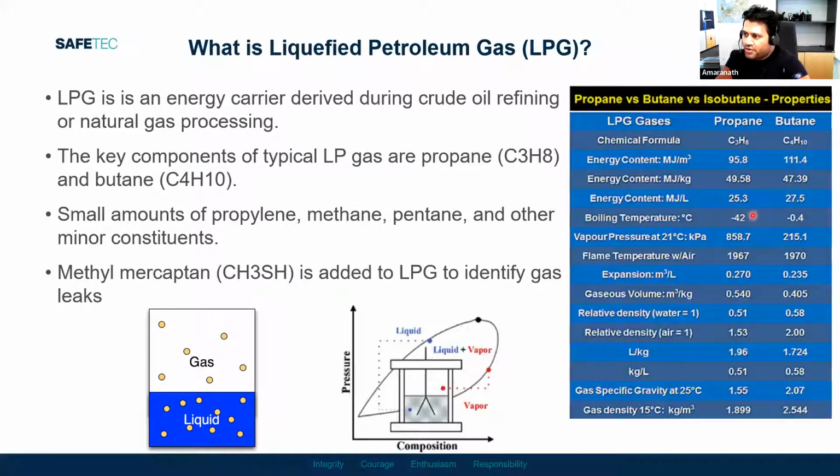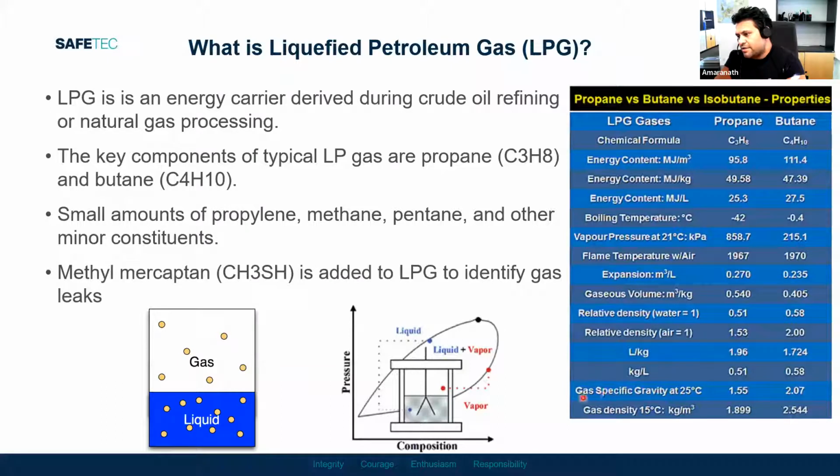But in colder countries, like for example Norway, we could have more propane in our LP gas because of the cold temperature conditions. In Sri Lanka, we used to have a high butane content in the gas that we use in day-to-day applications.